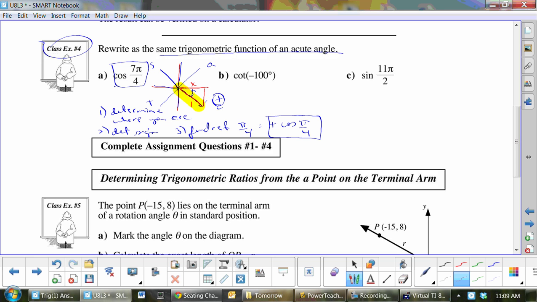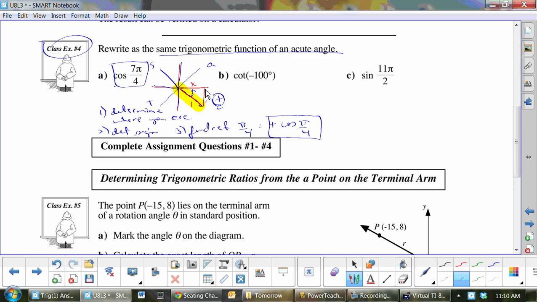It's 1. r is always 1 when we do these. So x divided by 1 will be x, and y divided by 1 is y. So sine and y go together, and tan is y over x. Okay, and then you got to know your cotan, cosecant, and secant, because they're all just the reciprocals of those.